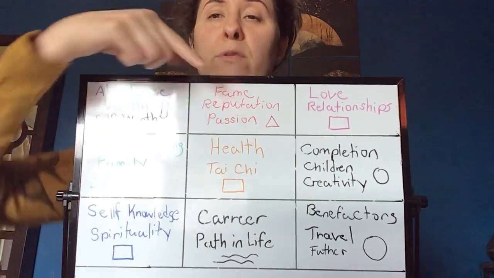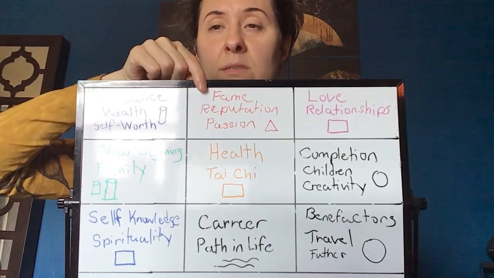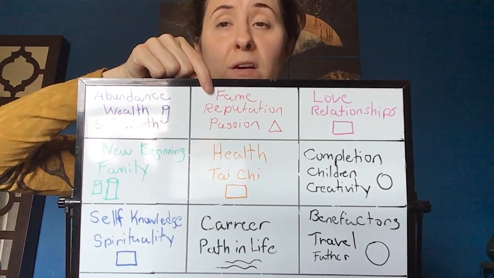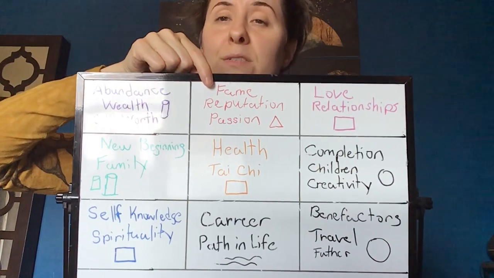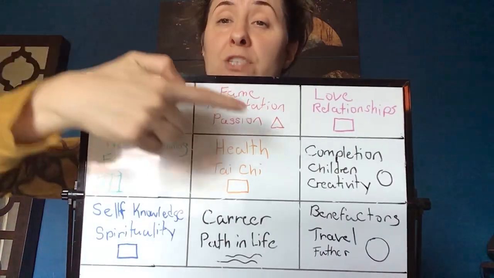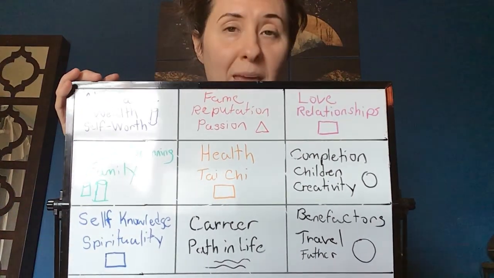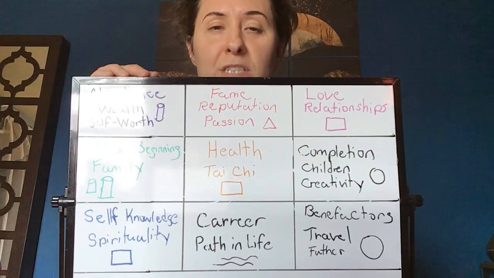Then we'll move over to fame, recognition, which is associated with the color red and the element of fire. So bringing in candles or triangular shapes is also the color connected. Think of like a burning flame. So think of that fire burning creates that triangular shape.